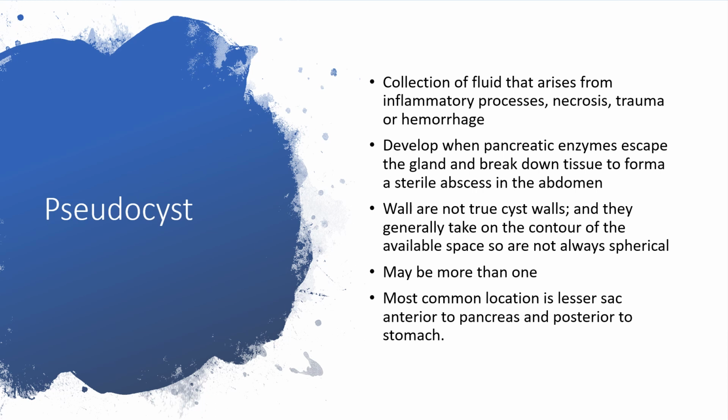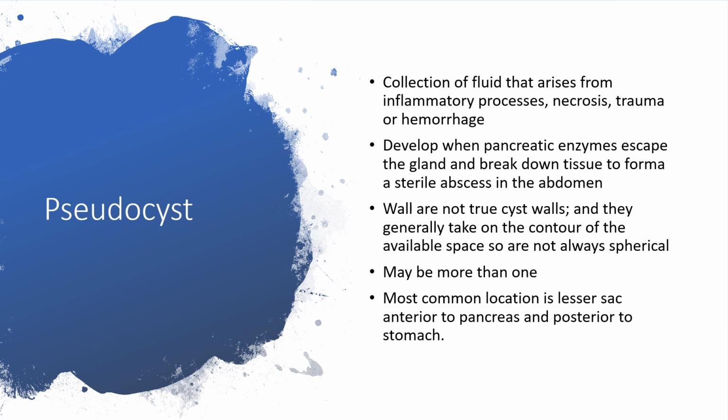The wall of the pseudocyst is not like a true cyst wall. So think of some of the things we've looked at before with a cyst. They're circular, with a smooth, well-defined border, posterior acoustic enhancement, and they're anechoic. Pseudocysts tend to take on the contour of the available space, so they're not always going to be nice and round, and there can be more than one.